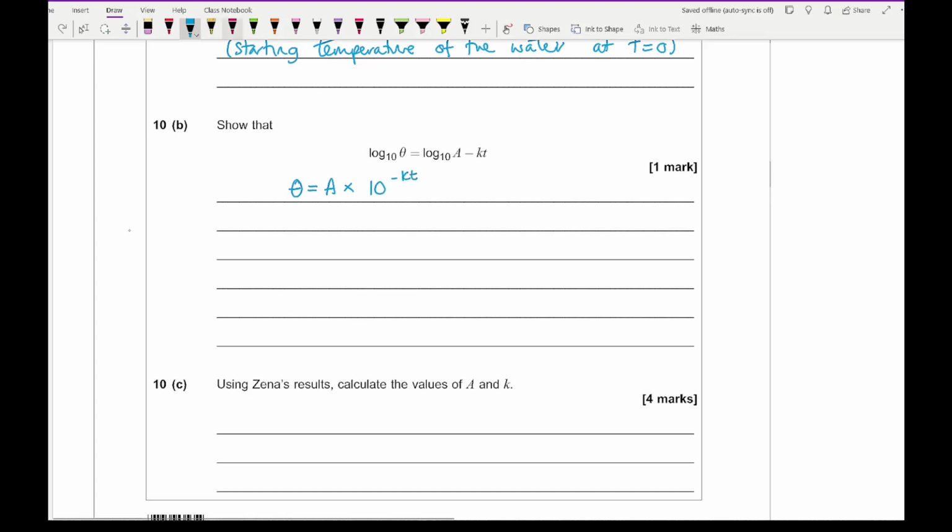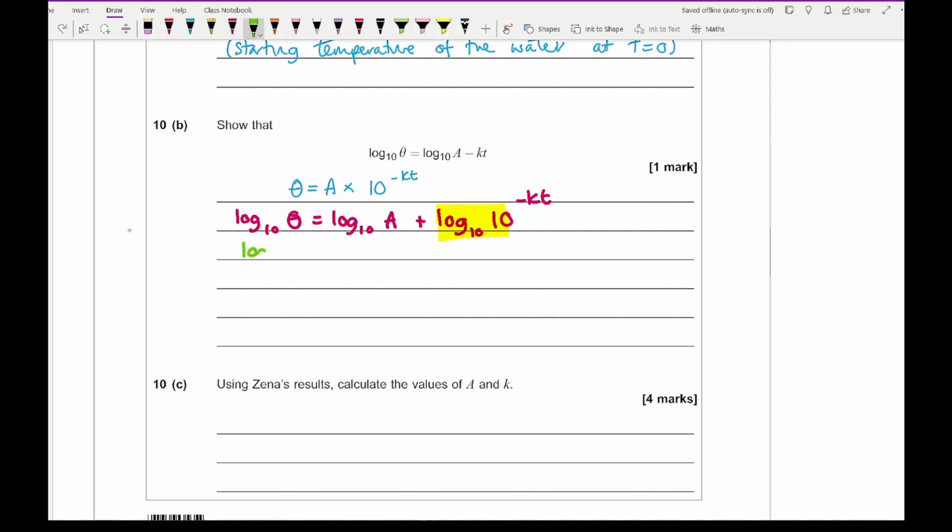Well, if we take the log of both sides, we've got log 10 of theta equals log 10a, and then times means add, so it's going to be plus log 10 of 10 to the minus kt. Then I can move the power to the front. Let's do that first.